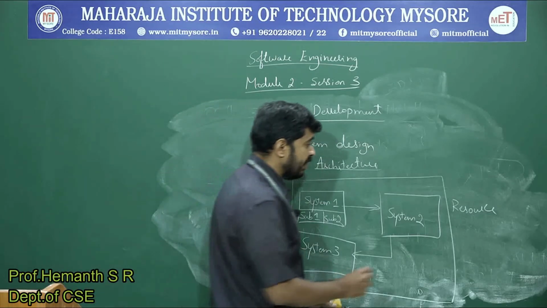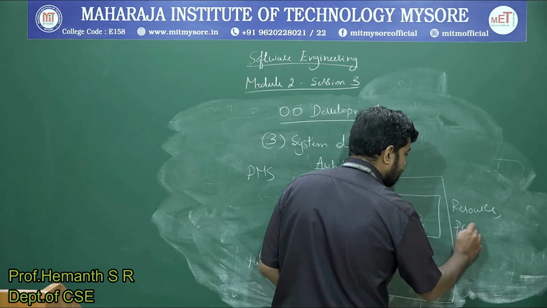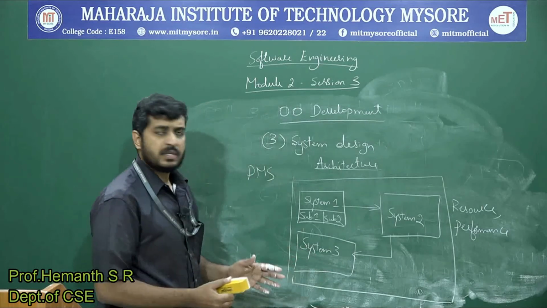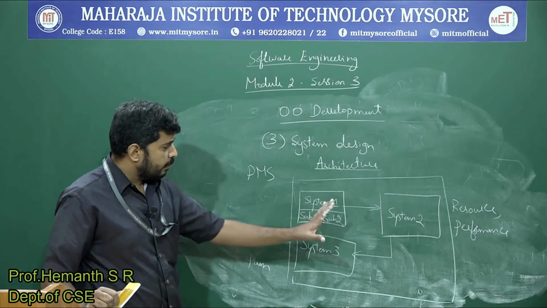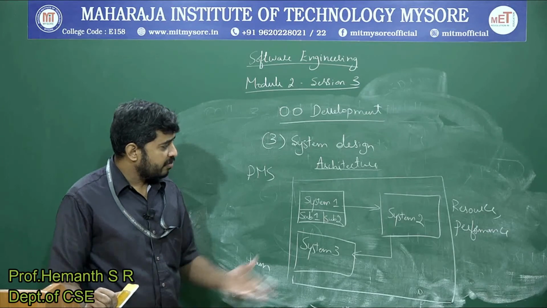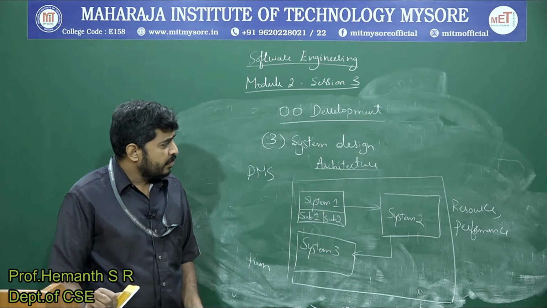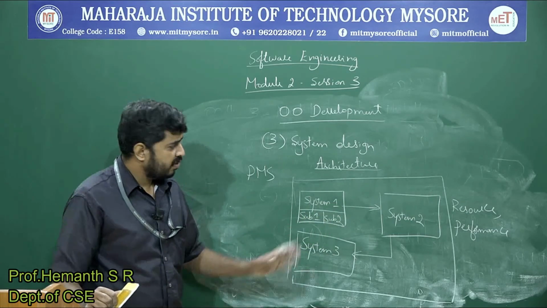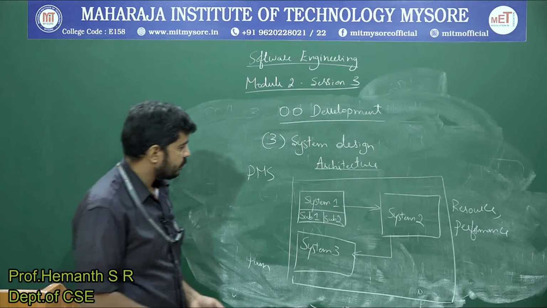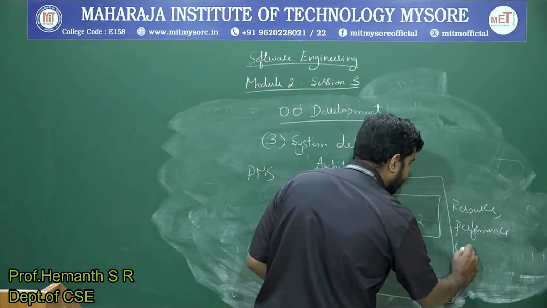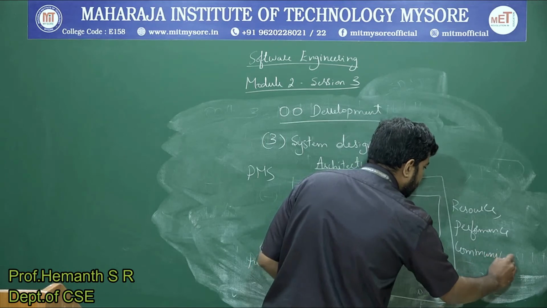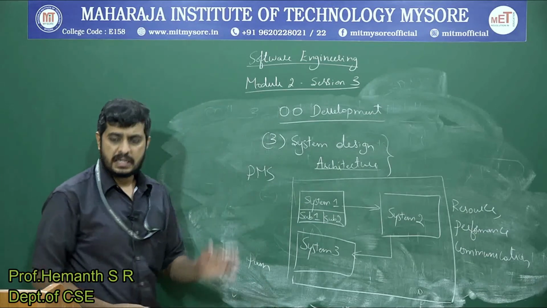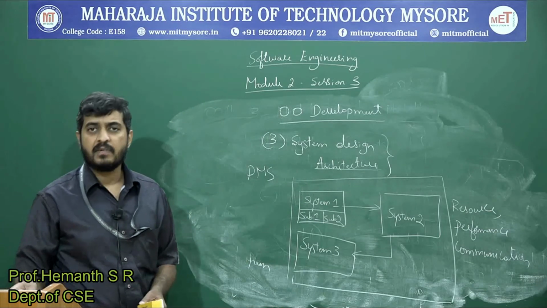With resource allocation, we even decide on the performance: what performance is expected from different parts of the system, what type of requirement should come out with what type of performance. So all these things are decided here, and as already mentioned, how the parts should communicate with one another. All these things are decided in this part, that is the design part, the third one.